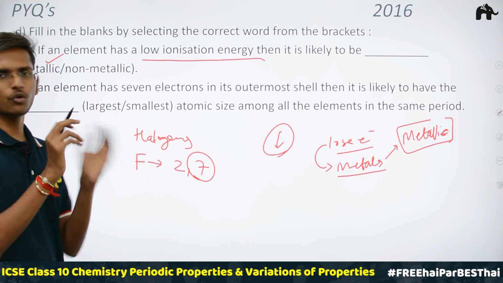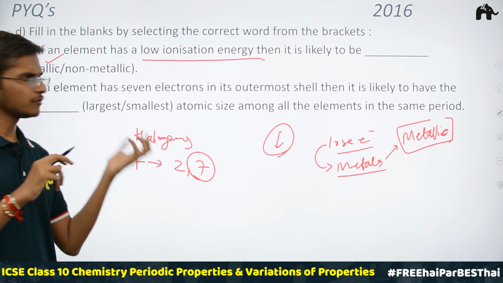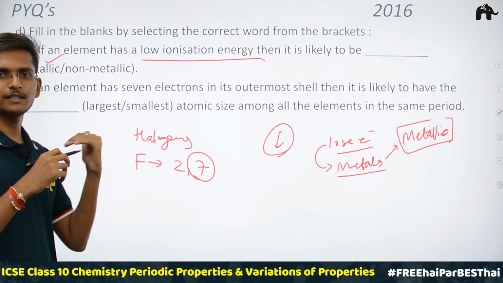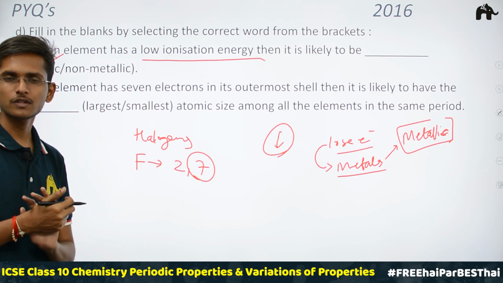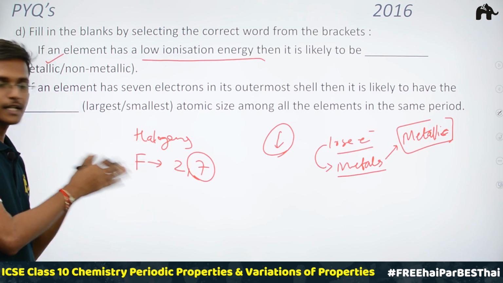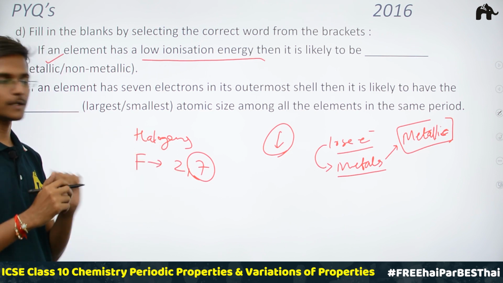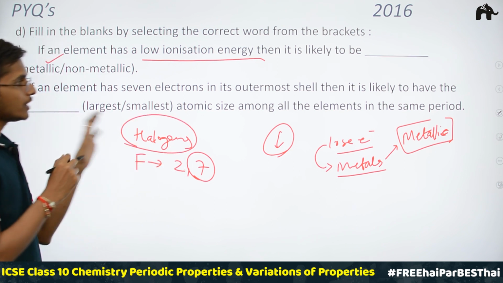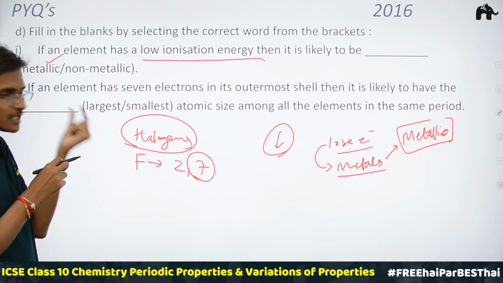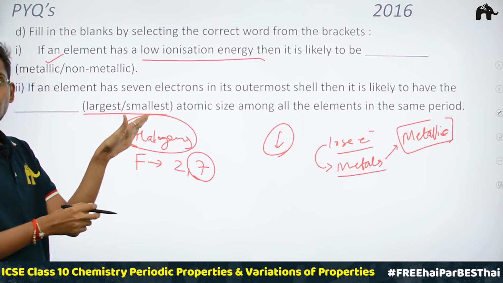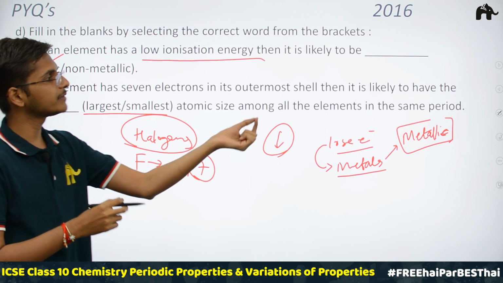So you can correlate by reading the question whether you have previously figured out any element which has 7 electrons. And yes, we have studied the halogens. They have 7 electrons in their outermost shell. Now what they are asking is whether such an element is likely to have the largest or smallest atomic size among all the elements in the same period.